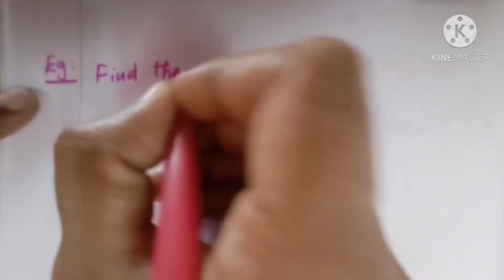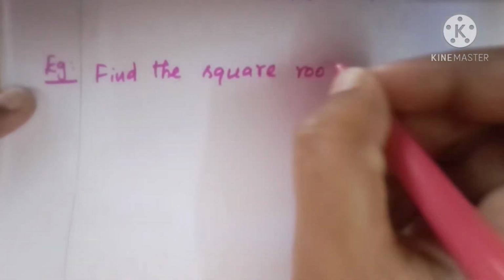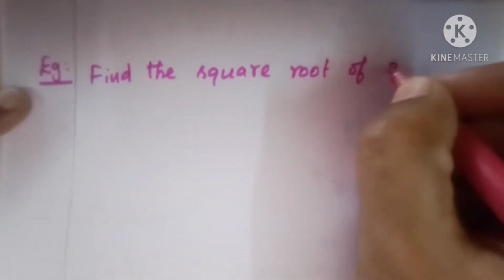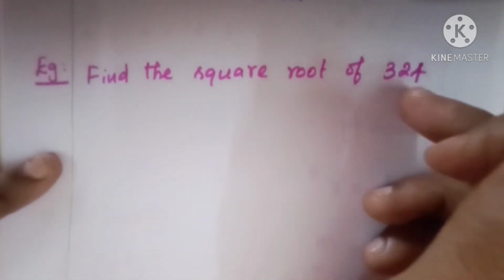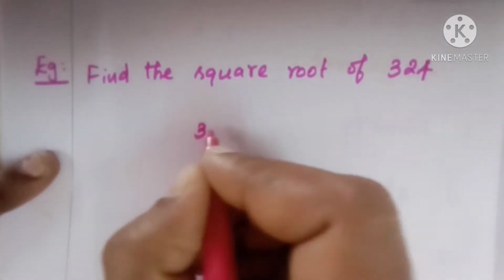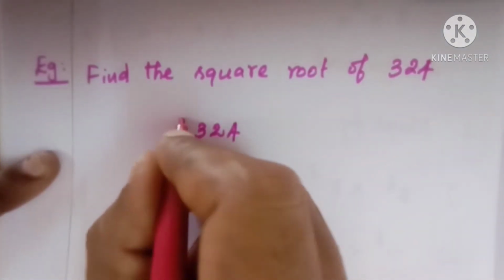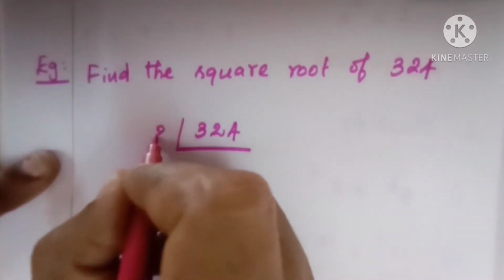Let us learn through one example. Find the square root of 324. First you have to find the prime factors of 324. 324 is an even number, so it is divisible by 2.